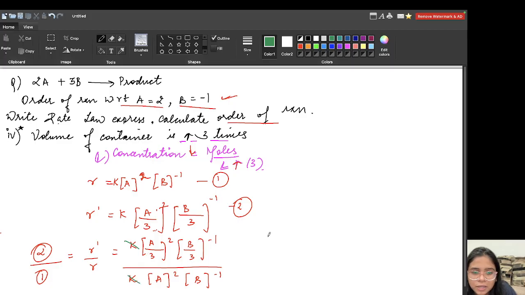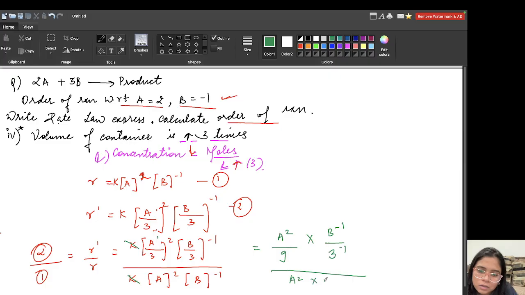Just cancel all the remaining things. A squared by 3 squared. What is 3 squared? 9, right? B raised to the power minus 1, and 3 raised to the power minus 1 here. A squared divided by A squared, B minus 1, this and this get cancelled. What do you get? 1 by 9 into 1 by 3 raised to the power minus 1, which is equal to 1 by 9 into 3, 1 by 3.